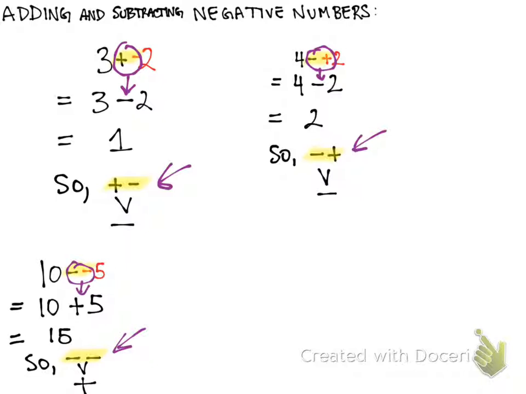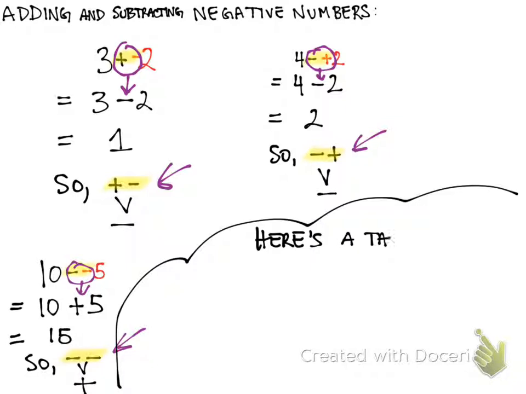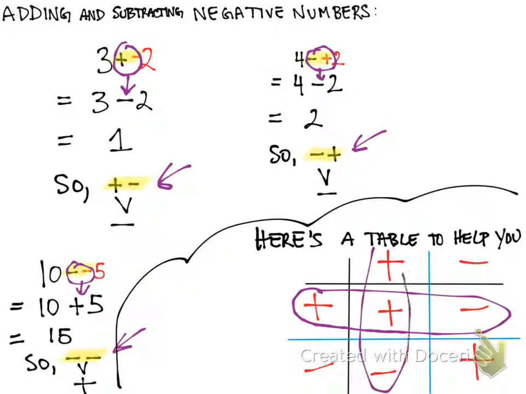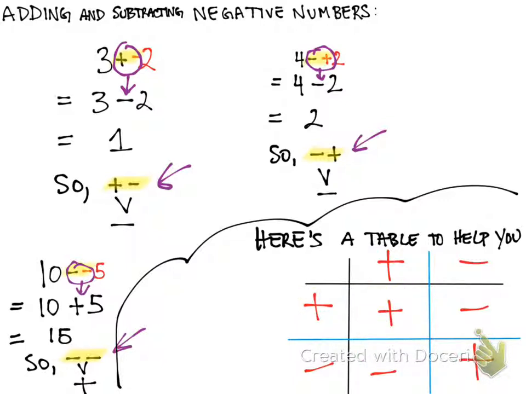Here's a way to remember all this. I'm going to make you a table. Here's a table. What this says basically is if I combine a positive with another positive, I get a positive. But if I combine a positive with a negative, I get a negative.